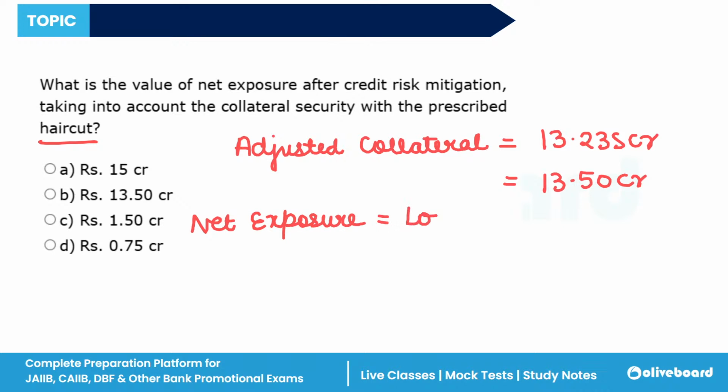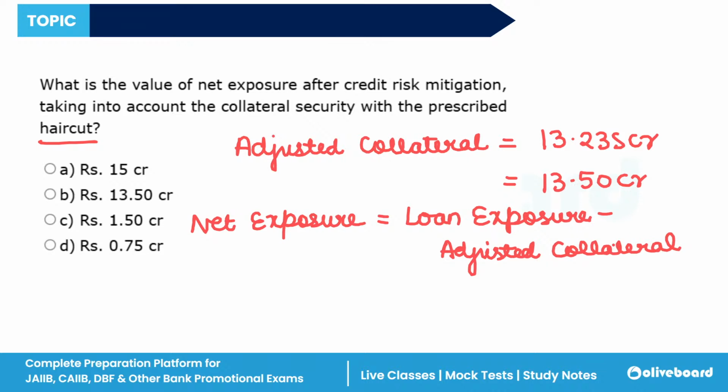Now net exposure is equal to loan exposure minus adjusted collateral. So that is 15 minus 13.50 crore.